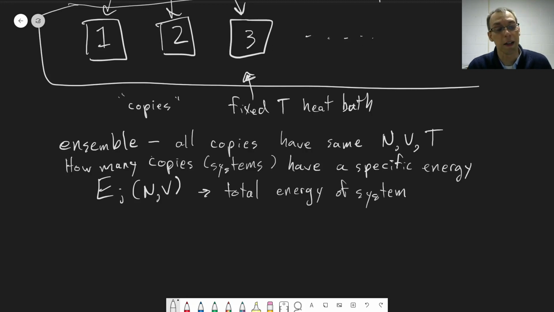But that can take different values. And so the number of copies that have a specific energy we're going to call little a sub j. That just tells us, of all of our copies, how many of them have this particular energy E_j.